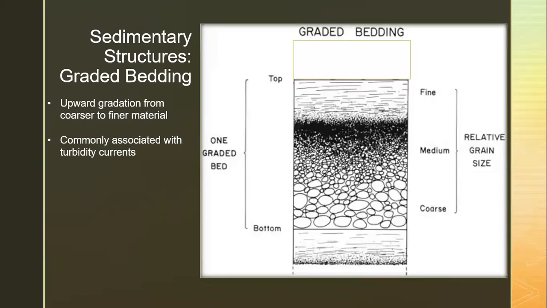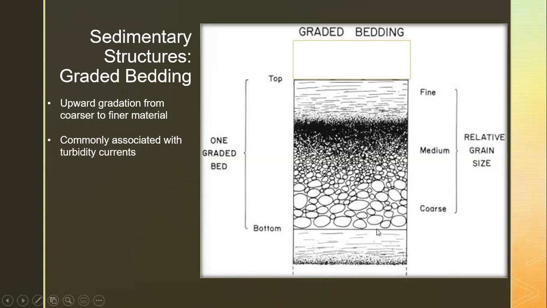Now, there are different types of bedding. The first type of bedding we'll look at is called graded bedding. Graded bedding is the deposition of graded, eroded material, with your larger grains at the bottom and your smaller grains at the top. Pretend this is all one rock unit here.